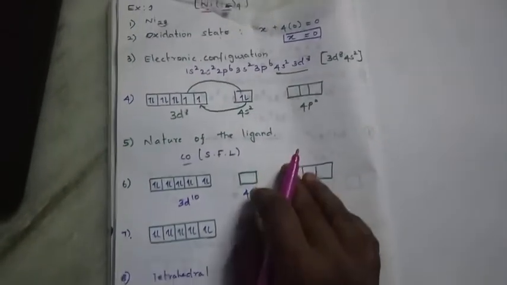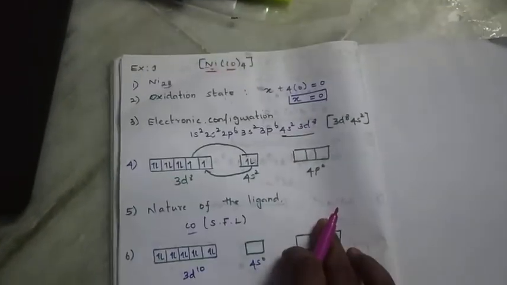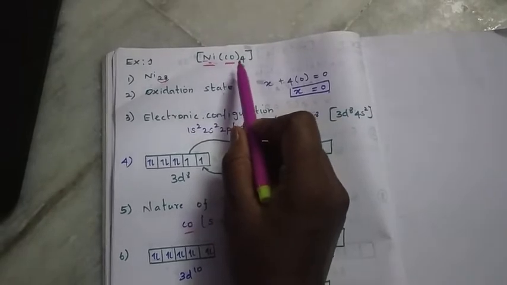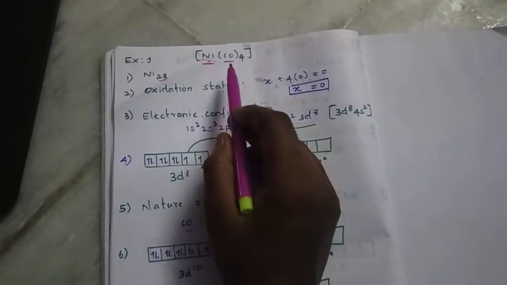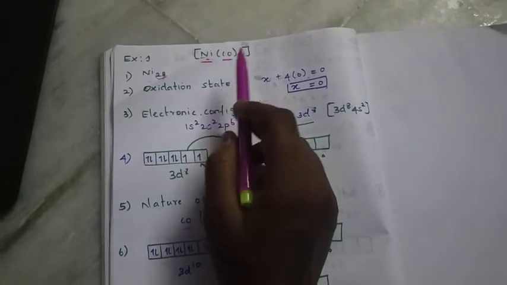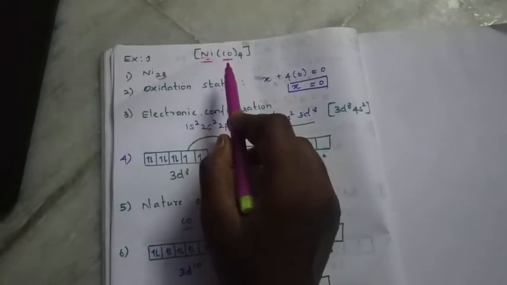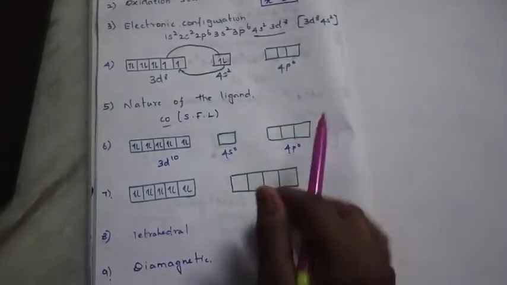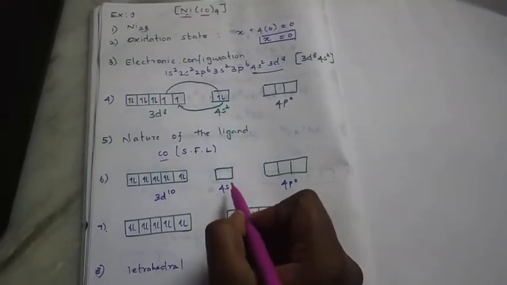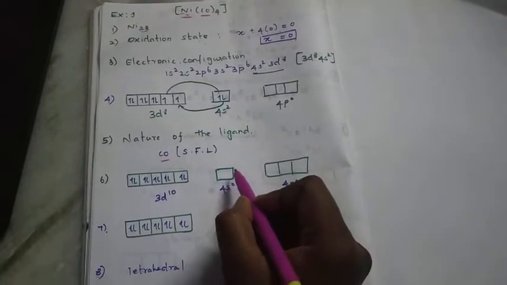Then what else you have to see? You have to see the ligand. How many ligands are there? 4 ligands are there. Each ligand donates a pair of electrons in order to form the hybridized orbital. We need 4 boxes because each ligand donates a pair of electrons.